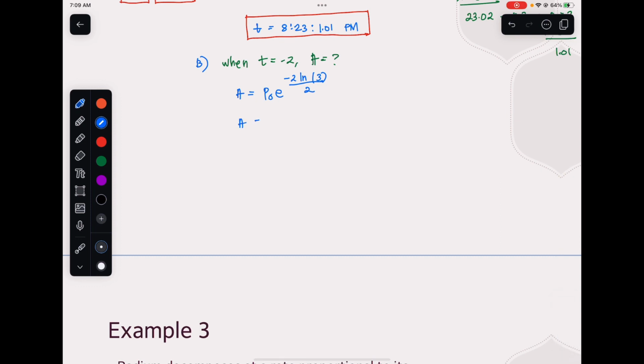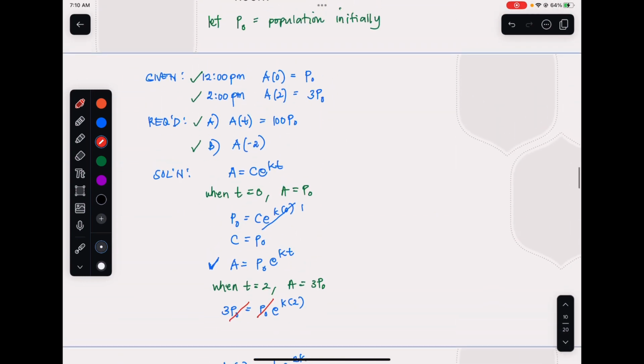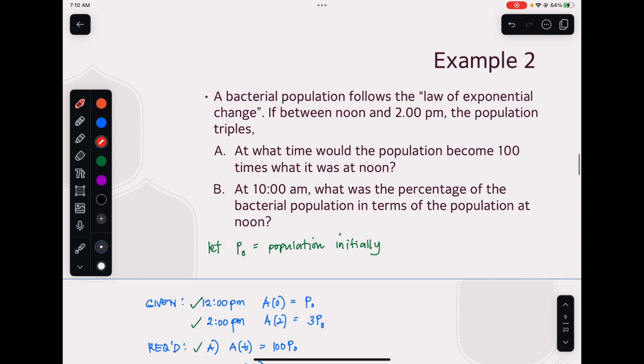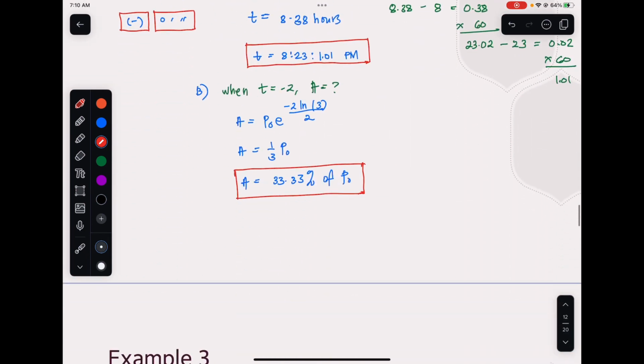Thus A then will be equivalent to 1/3 of the original bacterial population, or simply, in terms of percentage, 33.33% of the original bacterial population. Okay, so that is example number 2. This is a growth problem. So next problem.